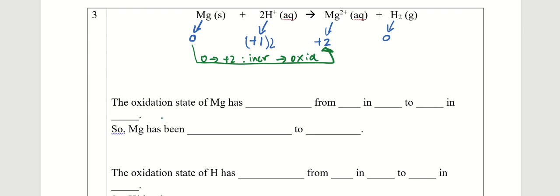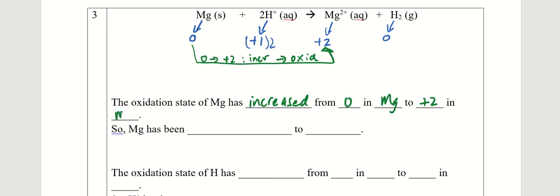So let us write the oxidation state of magnesium has increased. Now what did it increase from? It increased from 0 in magnesium, which was here, and it increased to +2.